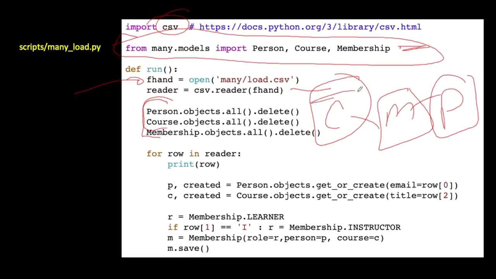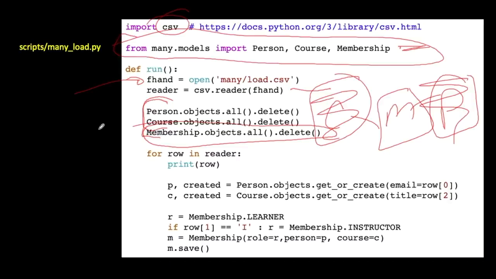Because if you empty out the person and course tables and you have on_delete equals cascade, those deletions will percolate back into the membership table and cause those rows to be deleted. So this is kind of redundant: the membership objects delete is redundant because of the on-delete cascade that we put into that data model.